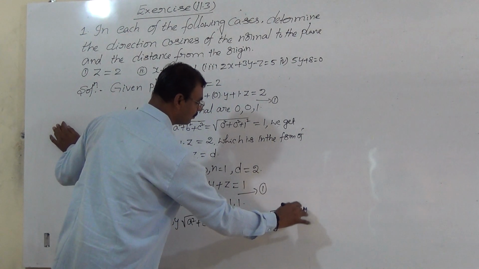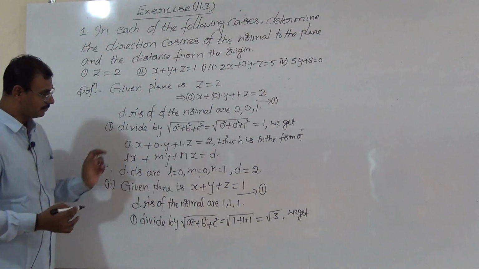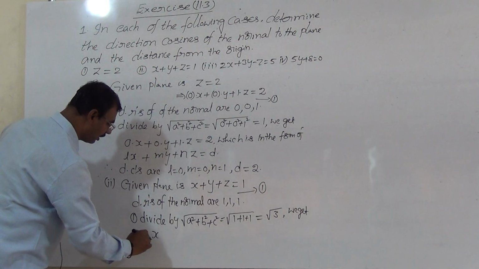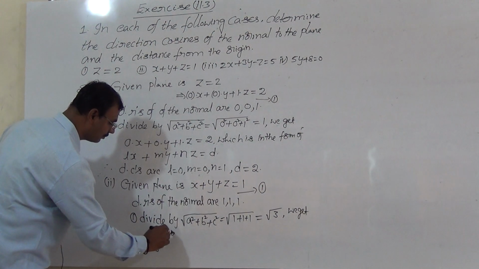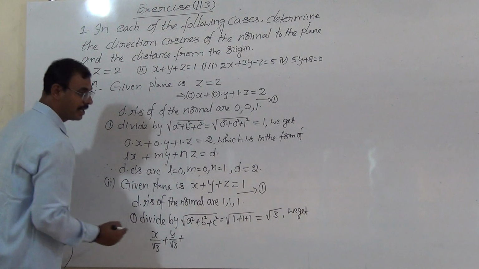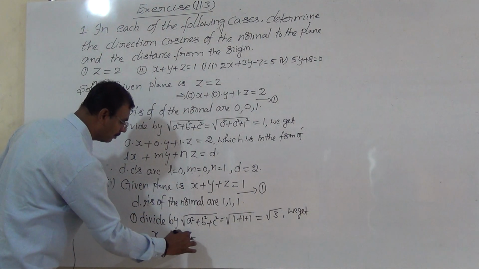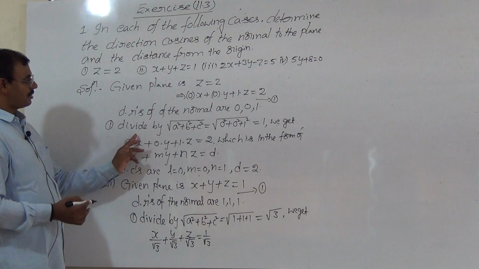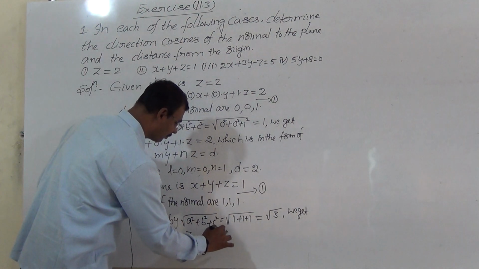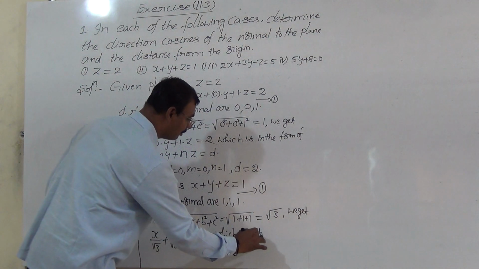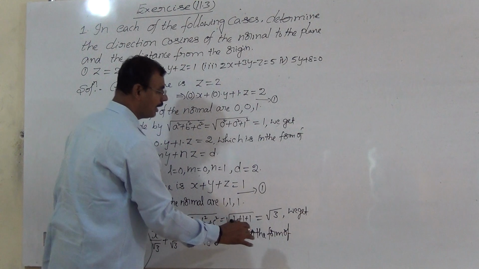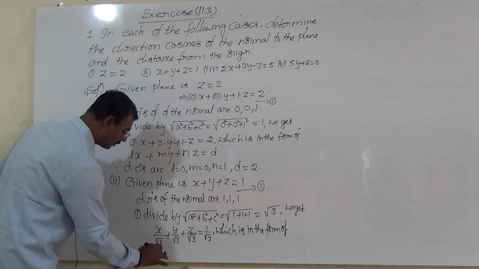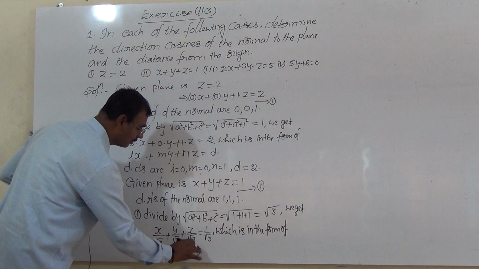So dividing by root 3, we get x divided by root 3 plus y divided by root 3 plus z divided by root 3 equals 1 divided by root 3, which is in the form lx plus my plus nz is equal to d.